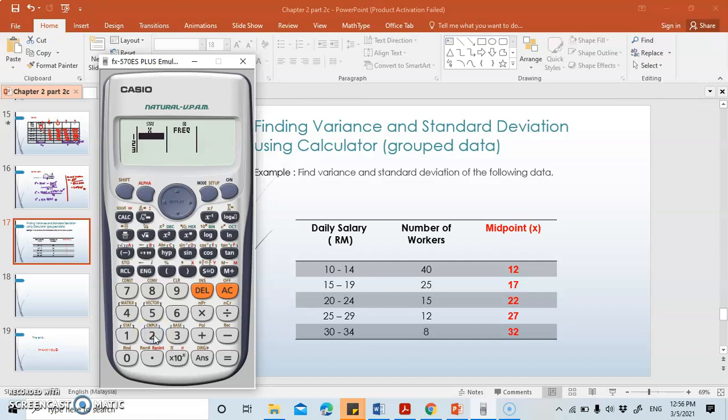So x refers to the midpoint: 12, 17, 22, 27, and 32. Don't forget to insert the frequency values also: 40, 25, 15.